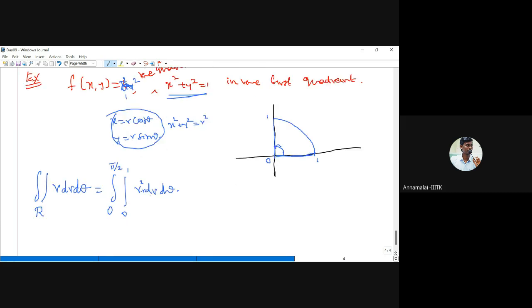Therefore, it's nothing but r square. Therefore, this is nothing but r square into r, which is r cube. So therefore, theta from 0 to pi by 2. If you integrate r cube, we get r power 4 by 4. The upper and lower limits are 1 and 0, d theta. So we get 1 by 4, which you can take outside. And then if you integrate d theta, we get theta, which gives pi by 2. You get pi by 8. Okay. So the function is anyway 1, but 1 is nothing but x square plus y square, and then we can write this r power 4.